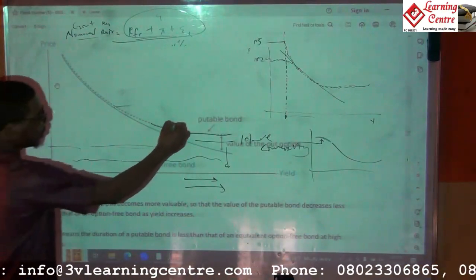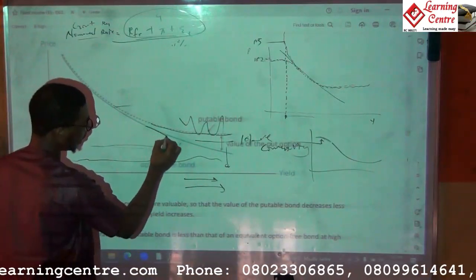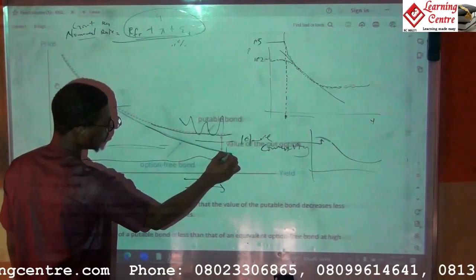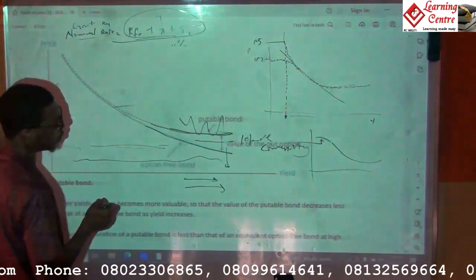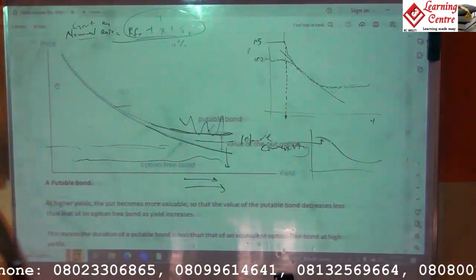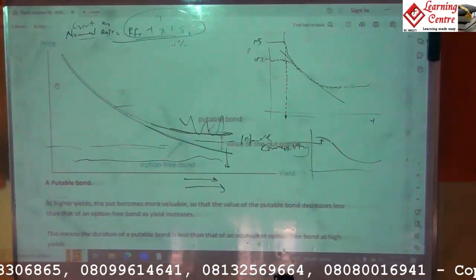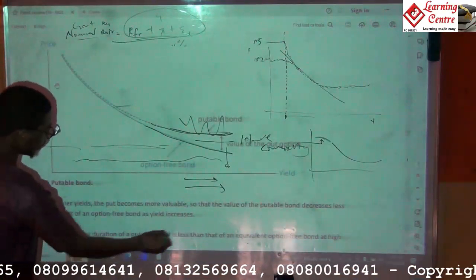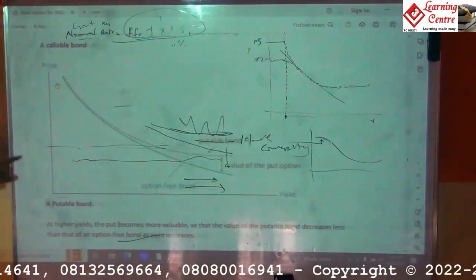So you won't see the price dancing around again. And so a comparable option-free bond will still be going further, but the bond with the option will be arrested. So I say that the duration of that bond is less, the bond is less sensitive, compared to the equivalent option-free bond.